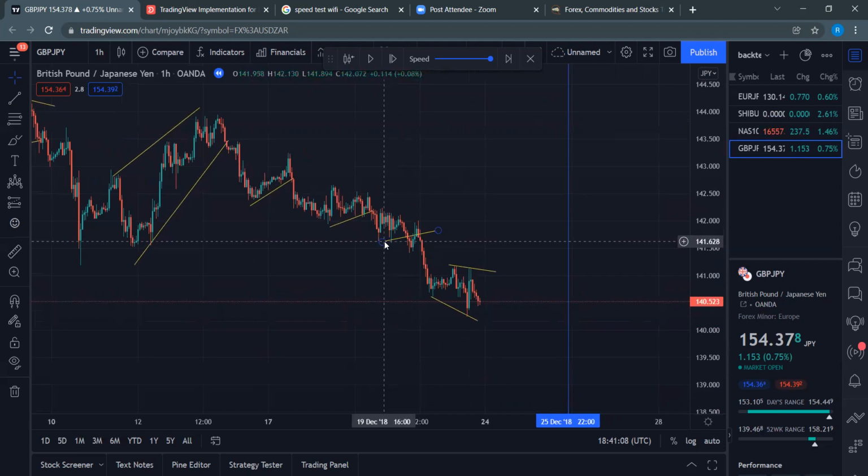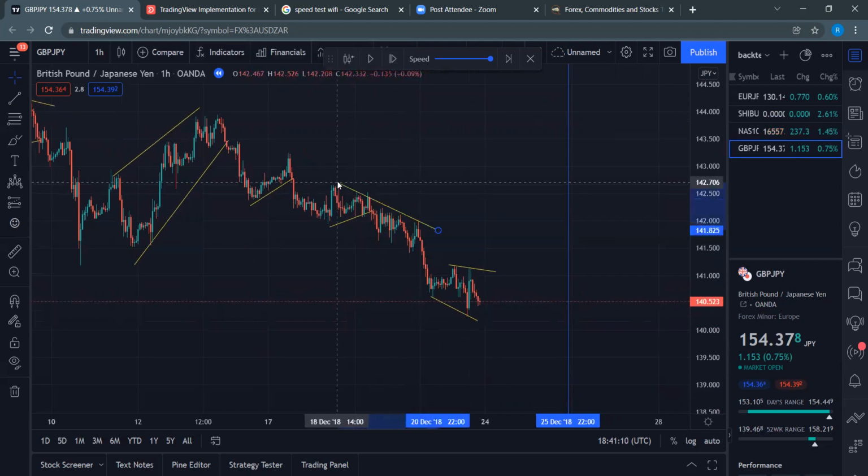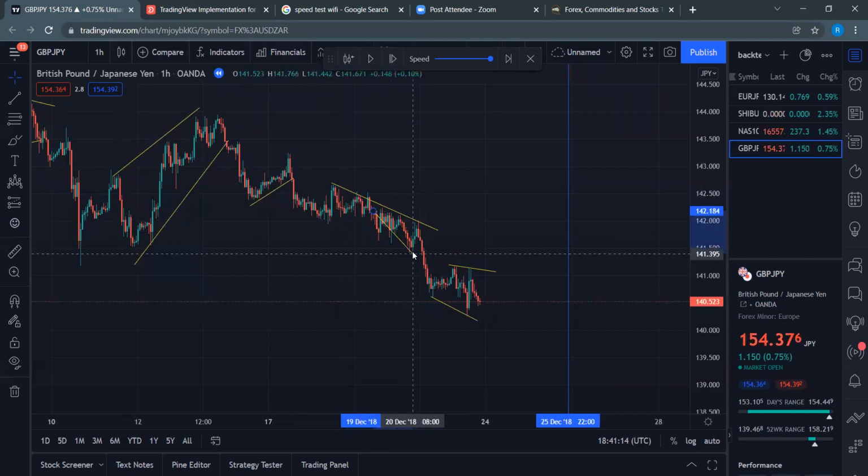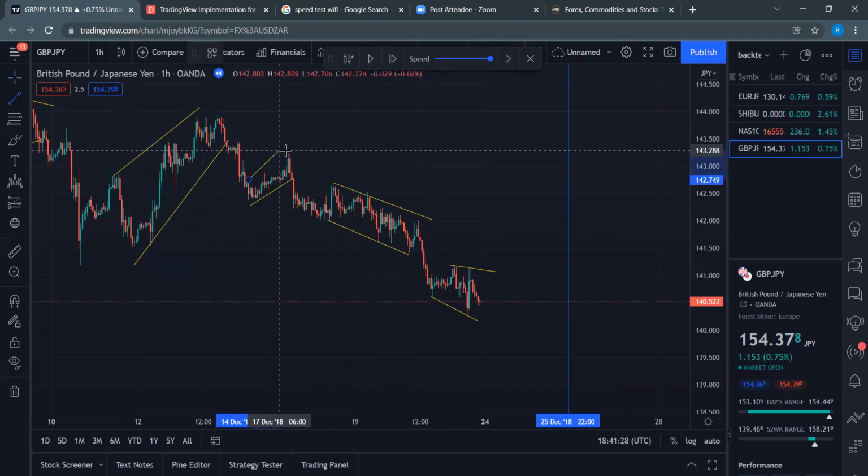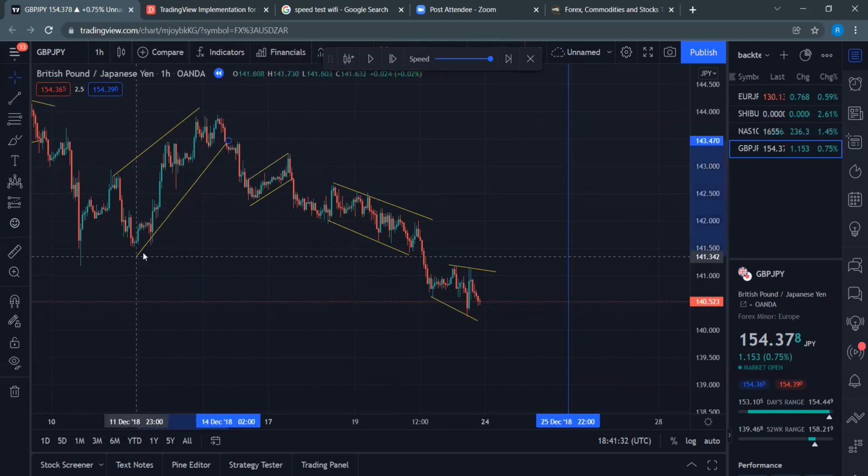This one is a running chart. So I'm just going to adjust. So it's okay to adjust your structures along the way. It's okay to adjust your structures along the way.